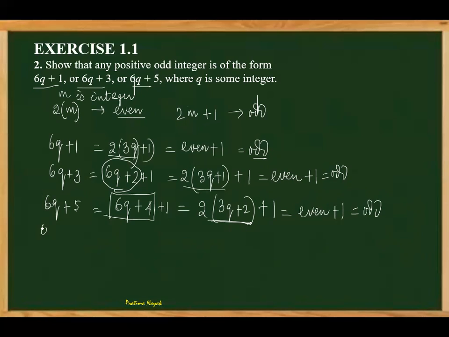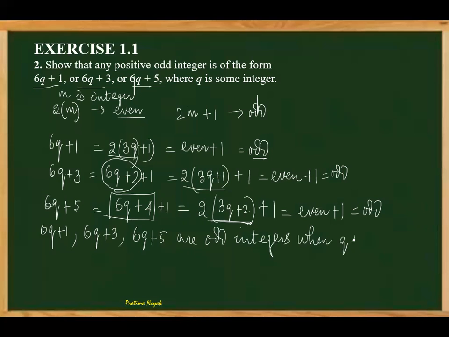So 6q plus 1, 6q plus 3, 6q plus 5 are odd integers when q is any integer.